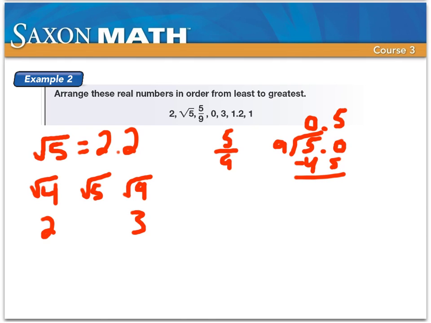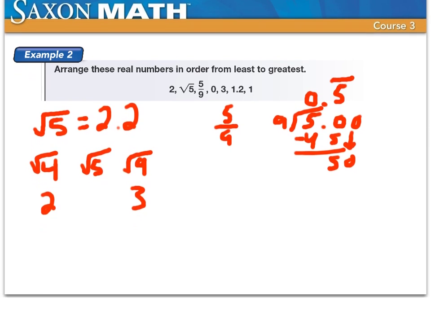Then I subtract: 50 minus 45 is 5. Bring down a 0, and look at this, we got 50 again. 9 goes into 50 5 times again. That means this 5 is going to repeat itself, so it's 0.5 repeating.